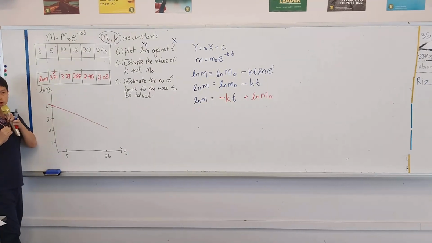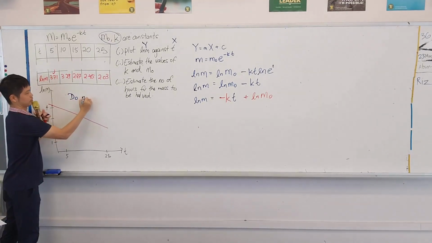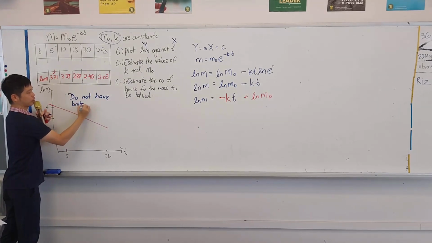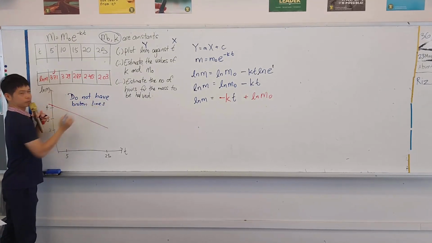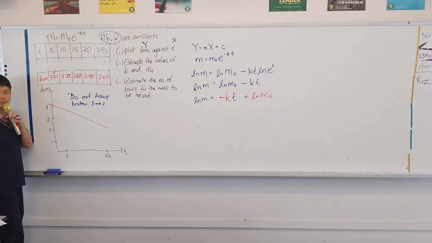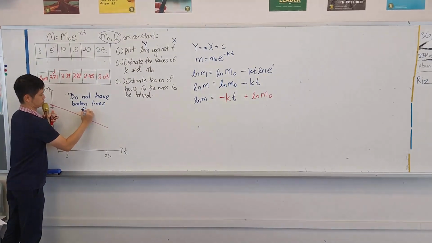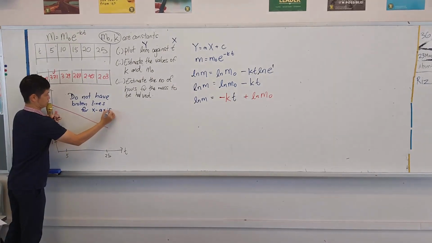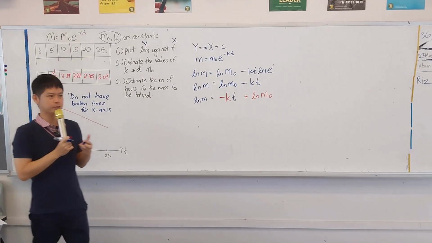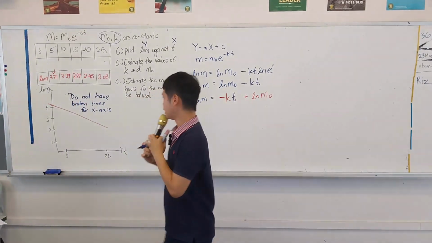When you all study science, you all study something called a broken line for the x and y axis. Do not have broken lines. Can someone tell me why? Do not have broken lines for the x-axis. Can someone use simple English and explain why you cannot have broken lines?